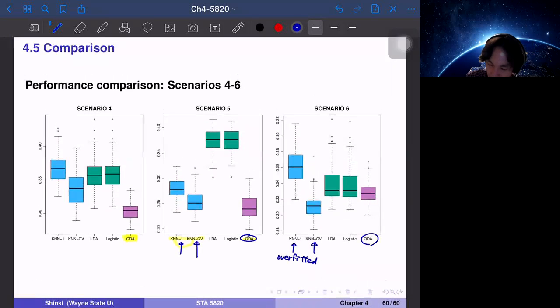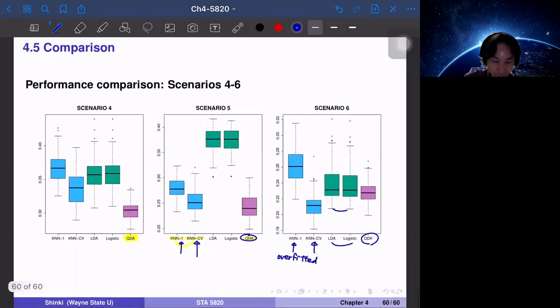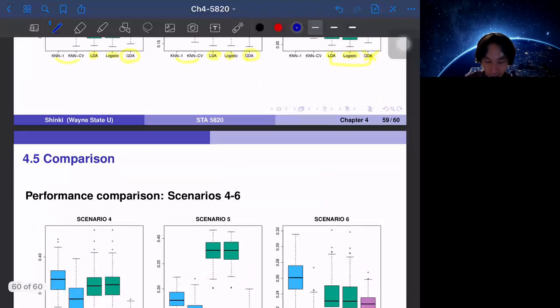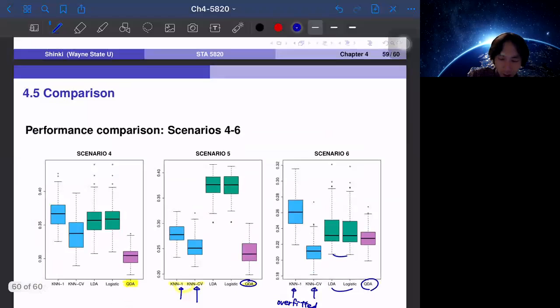And QDA is slightly better than this because QDA can handle more complicated situations than LDA and logistic regression. So the bottom line is it really depends on the data structure. Based on the data structure, sometimes logistic regression or LDA is good, sometimes QDA or other models are good. And also, like scenario 5, originally we have X1 and X2, but we can make the predictors more comprehensive.